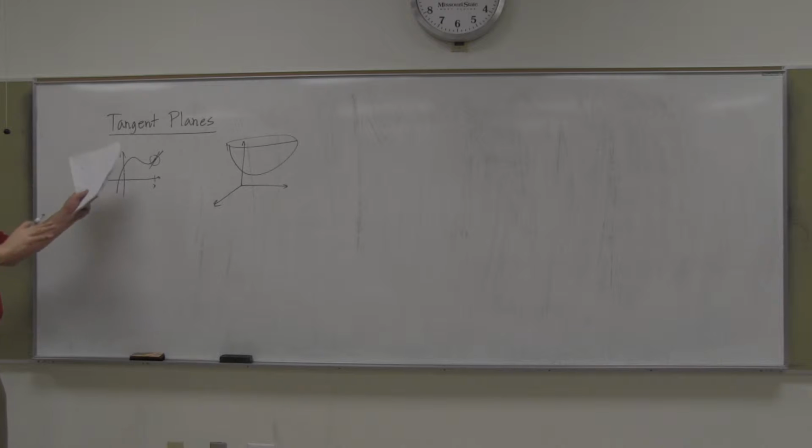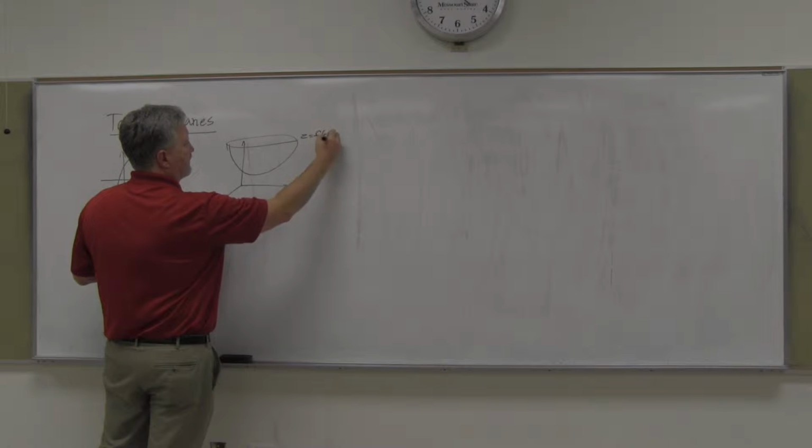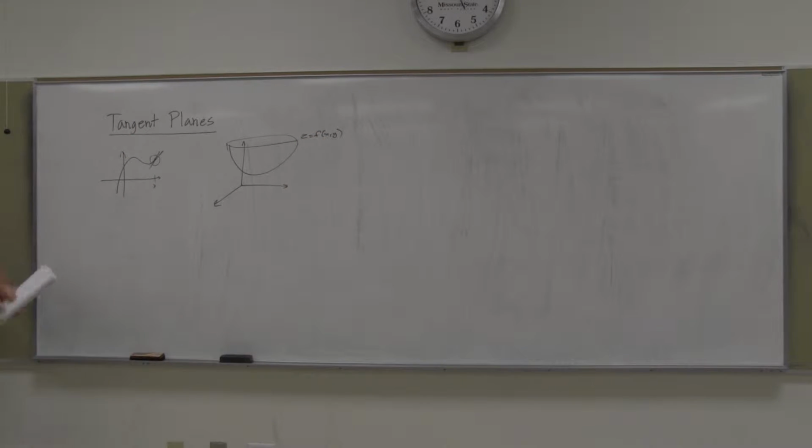So if I've got this function, z equals f of x, y, whatever shape, it can be quite a complicated shape.